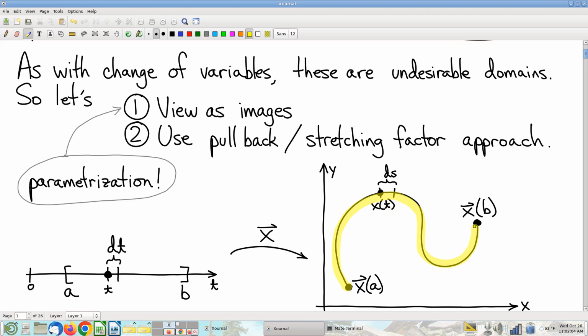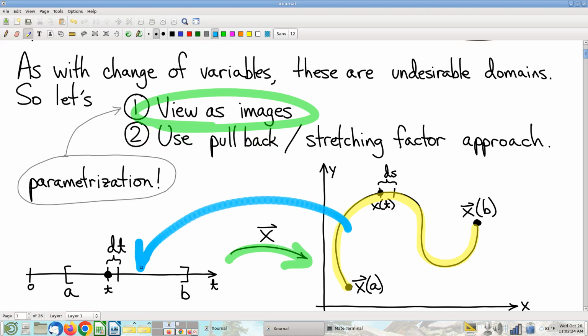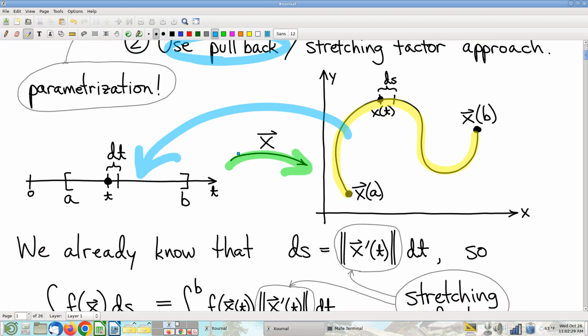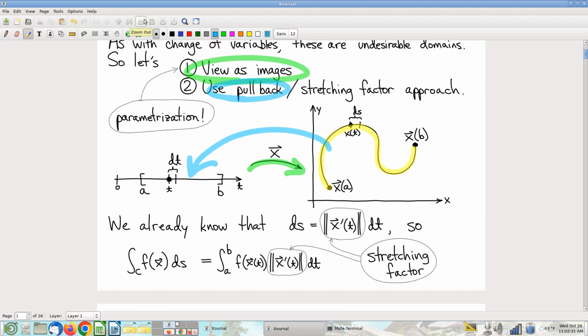And remember, the way you do change of variables, the big concept is to find some way to view your bad domain as being the image of something. If you can view it as being the image of something, then you can do what we call the pullback. The pullback is the act of plugging in.